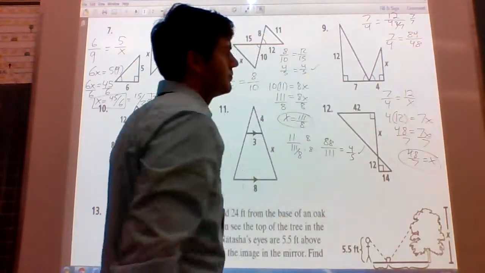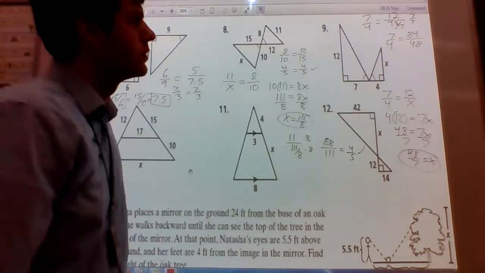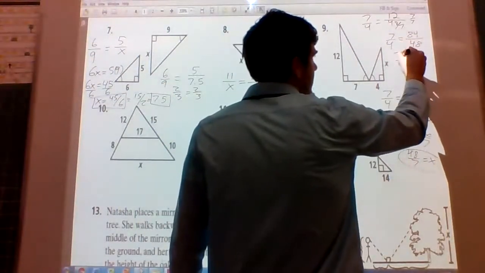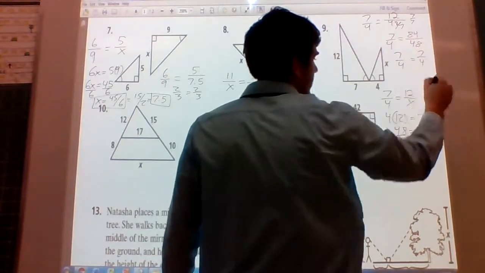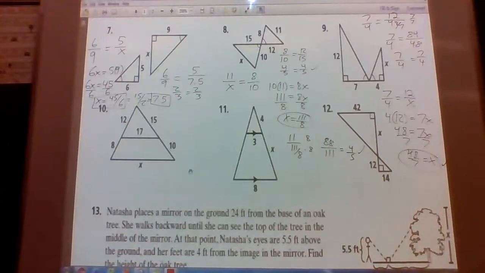Okay, divide by 12, which is going to be 7/4. So yes, this is our correct answer. Okay, 84 over 48 is the same as 7/4.